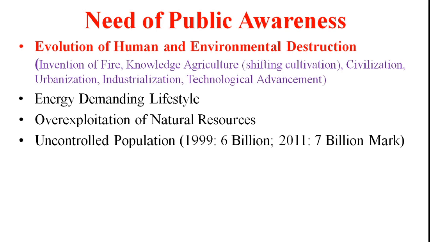Thousands of generations contributed to this 6 billion, but within a span of 10 or 12 years, in 2011, we crossed the mark of 7 billion population on the earth. This population may not be tolerated by the earth.